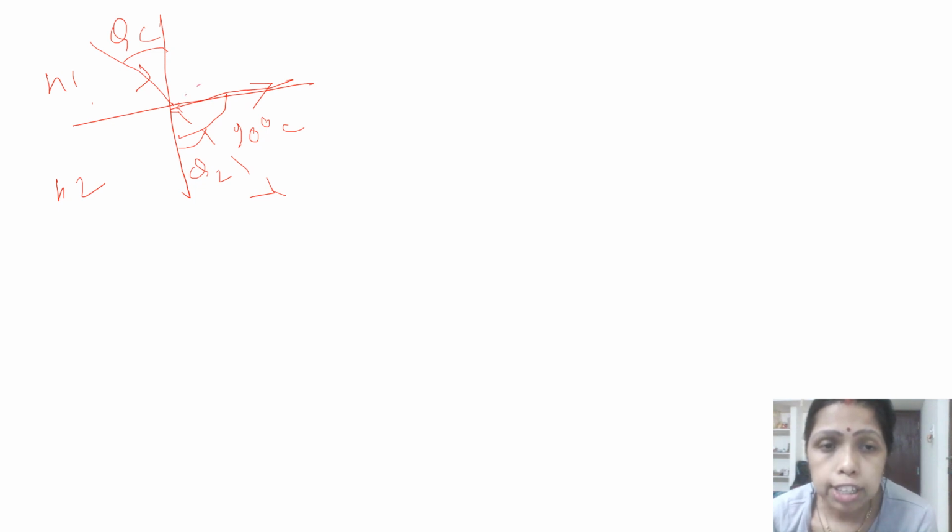If the ray, rather than transmitting in this direction, transmits parallel to the interface, that is, if theta 2 is 90 degrees, then this incident angle is called theta c.